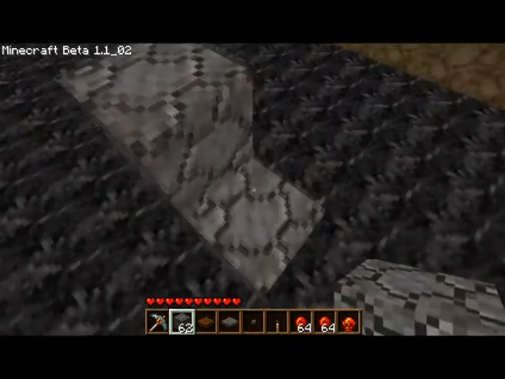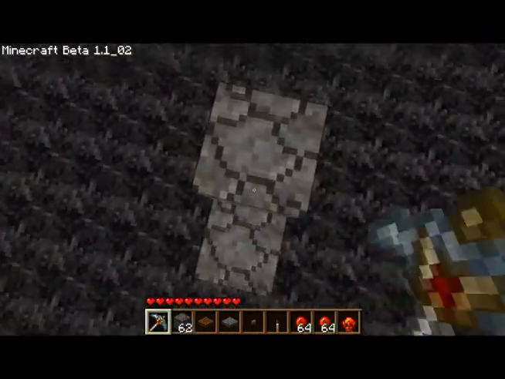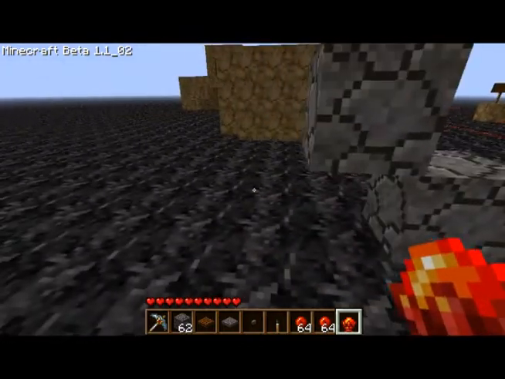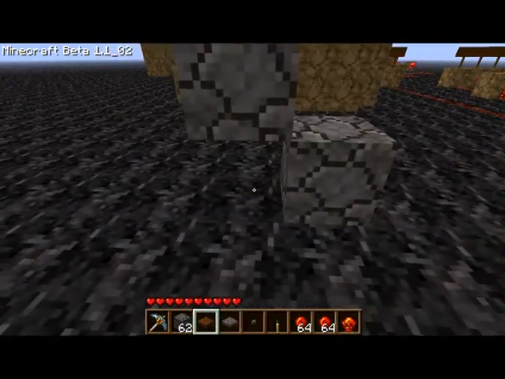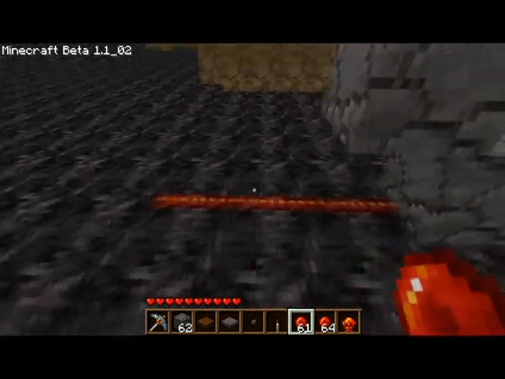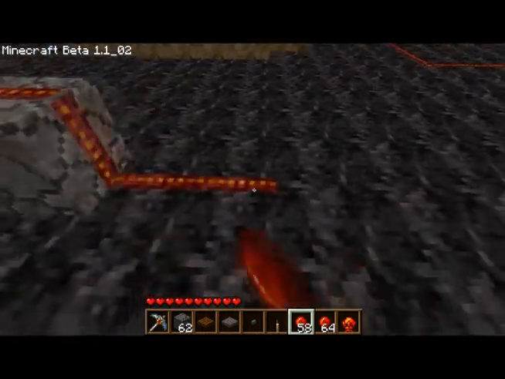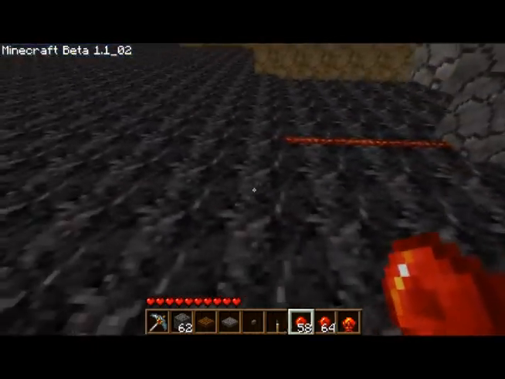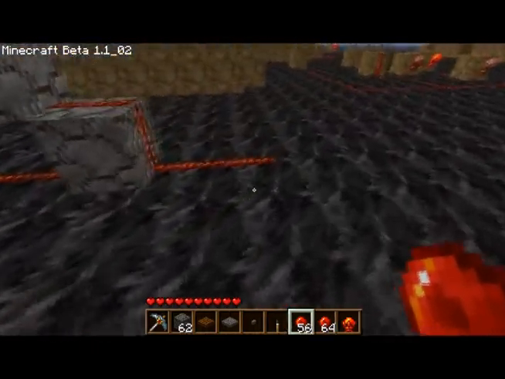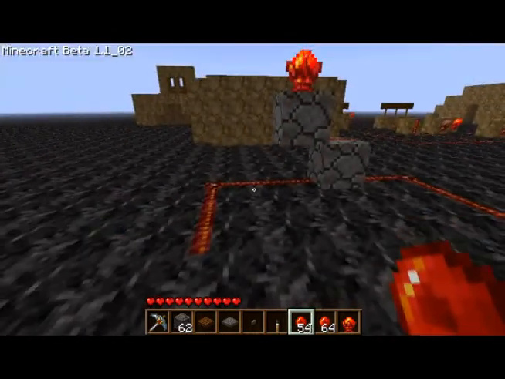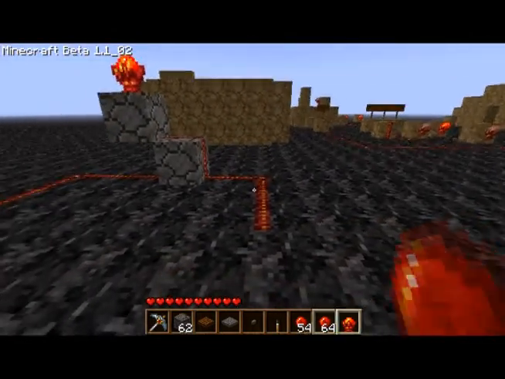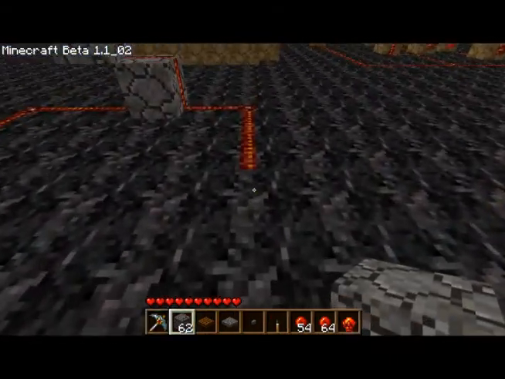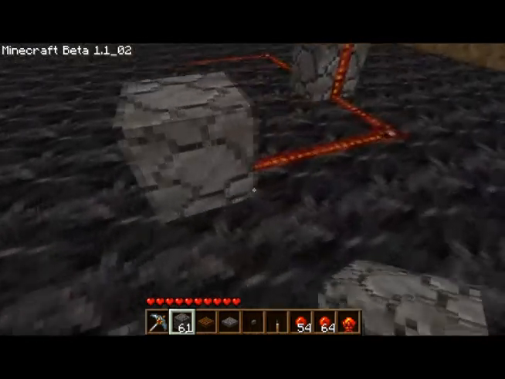So here we'll have this just as one-side demonstration. Here we have the torch. It's currently not receiving any current at all, therefore it is off. So you'll see that if I were to place an input here, for the time being we'll use this.